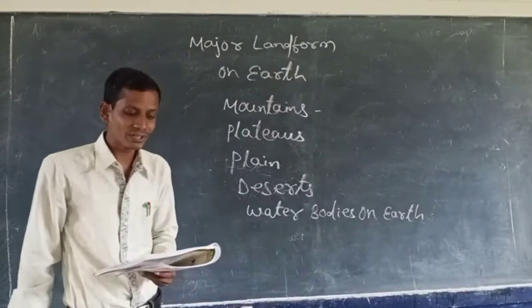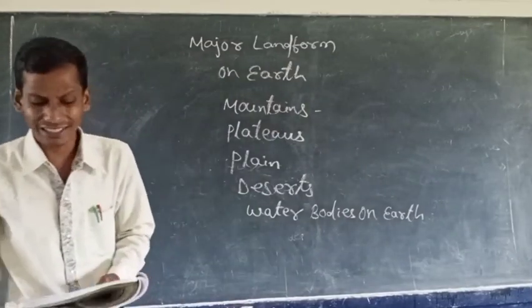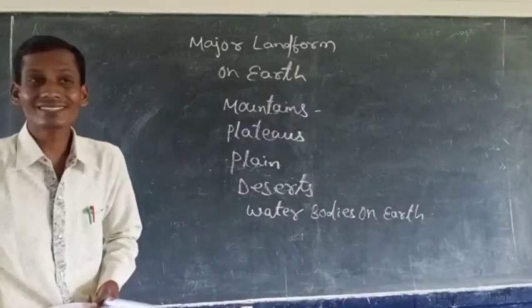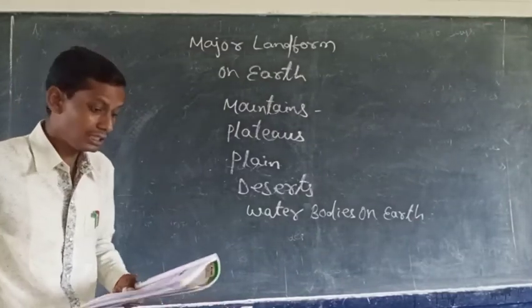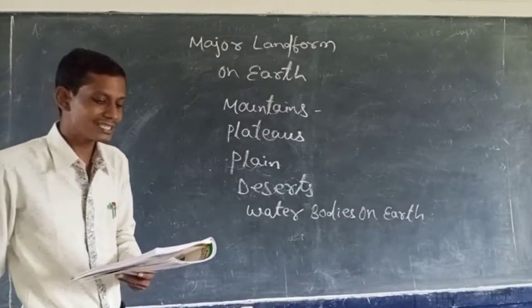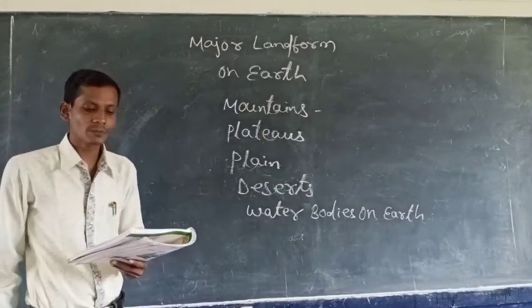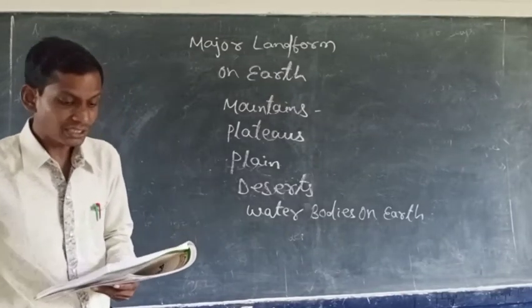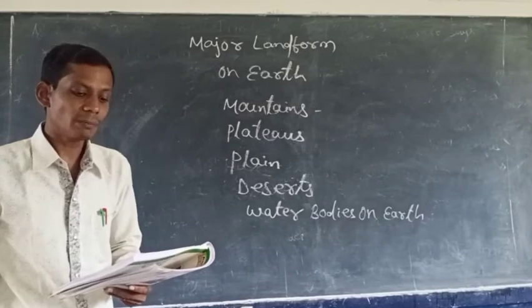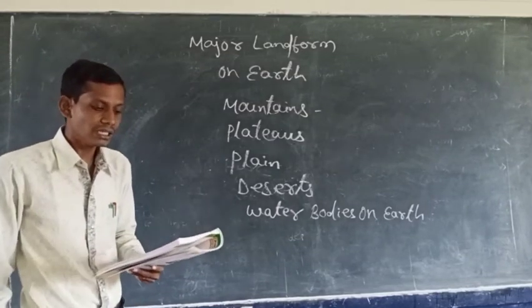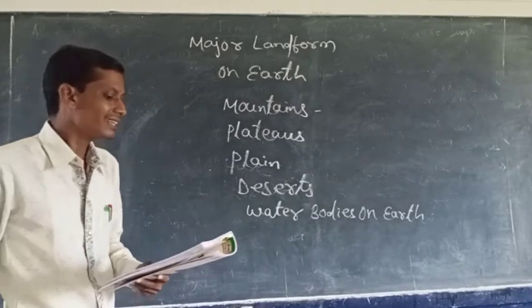Mountains are steeper than the hills. Hills are lower and less steep, and they generally have rounded tops rather than jagged peaks. A series of mountains is called a mountain range. Mountains vary in their height and shape.